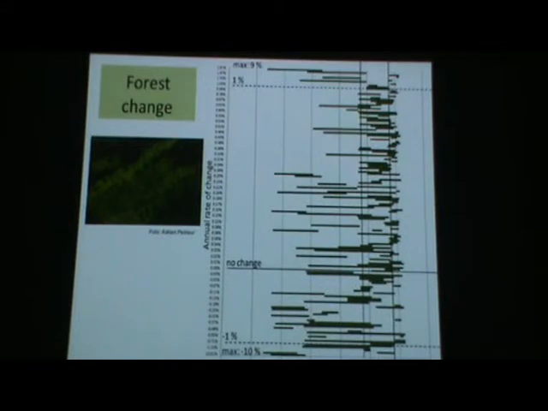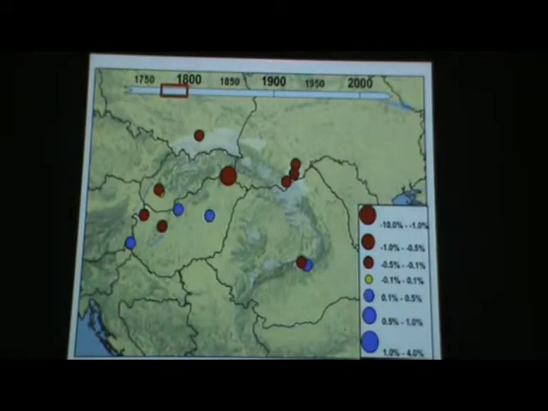If we try to put this data on the map, this is what it would look like, and the way we read this map is that each one of these locations is a location that you've seen previously on the other map. The size of the bubble tells you the amount of increase or decrease in forest cover, whereas red is deforestation and blue is reforestation, and the yellow dots will be a fairly constant forest cover in the area.